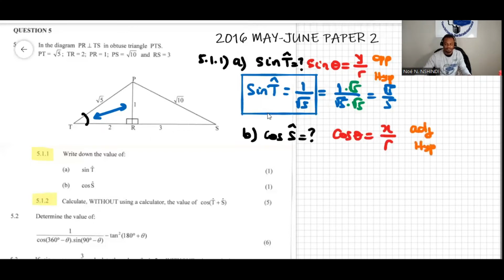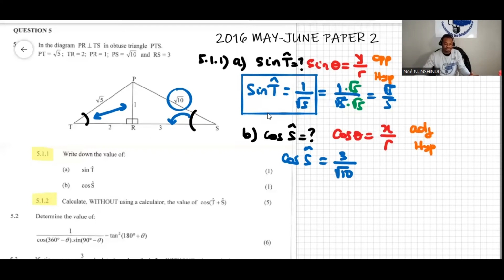The angle S is this angle. The adjacent side is this side, and the hypotenuse is root 10. So cos S will be adjacent, which is 3 over root 10. So that's cos of S.